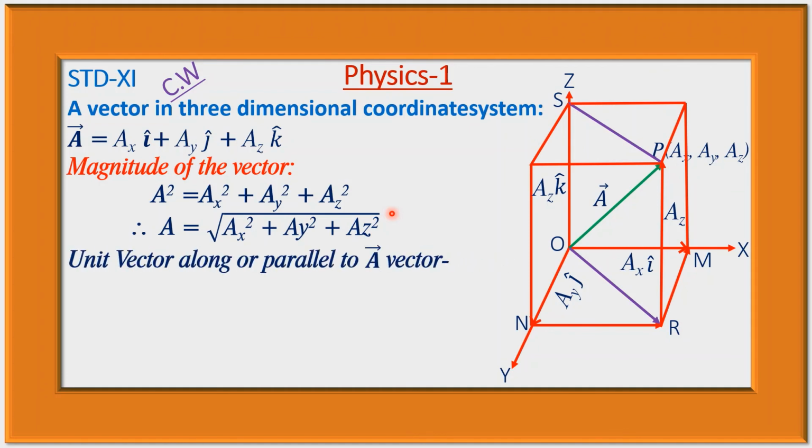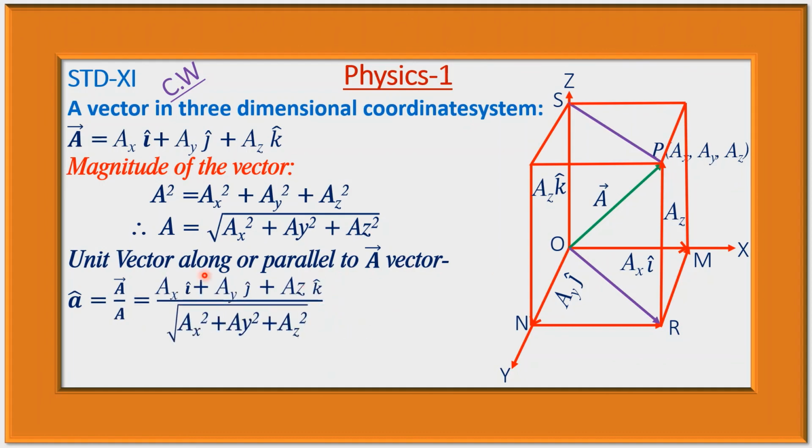Now the unit vector along or parallel to the A vector. Here the A vector is AXi plus AYj plus AZk, and its magnitude is root over AX square plus AY square plus AZ square. So the unit vector along or parallel to the A vector is vector A divided by the magnitude of A. So it is AXi plus AYj plus AZk divided by root over AX square plus AY square plus AZ square.